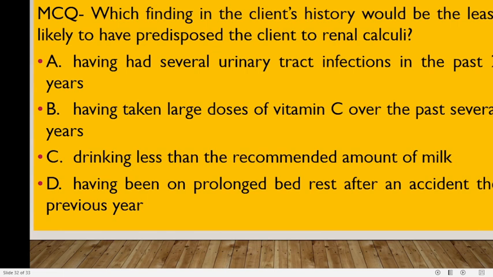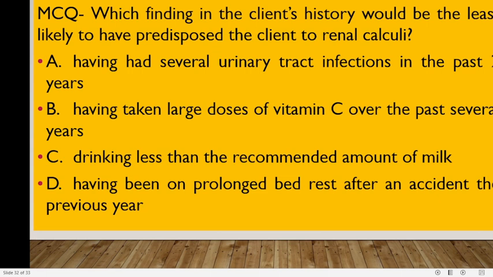Okay? Yes, calcium stones. Drinking less than the recommended amount of milk. We can keep this one for consideration. Having been on prolonged bed rest. Yes, this one also leads to a stone.